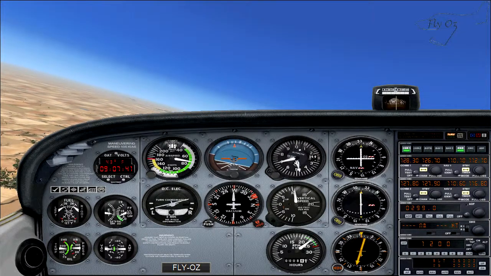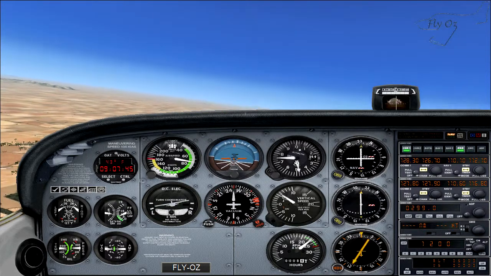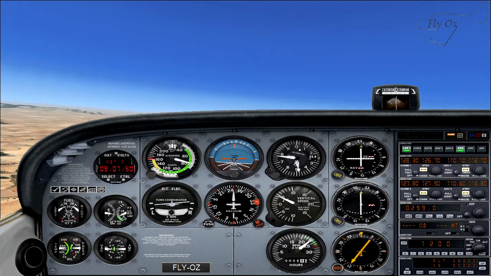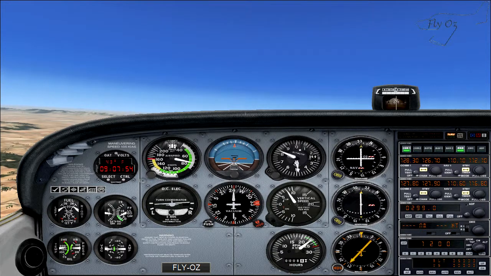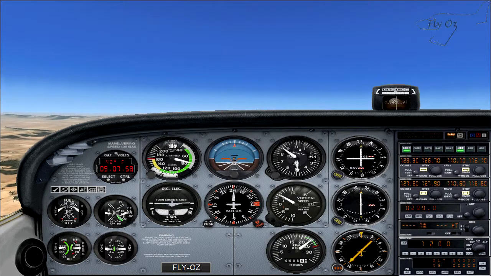And the aircraft stalled just below 65 knots. And it lost quite a considerable amount of height due to the increased amount of drag in the turn. So that concludes our lesson for stalling with angles of bank.